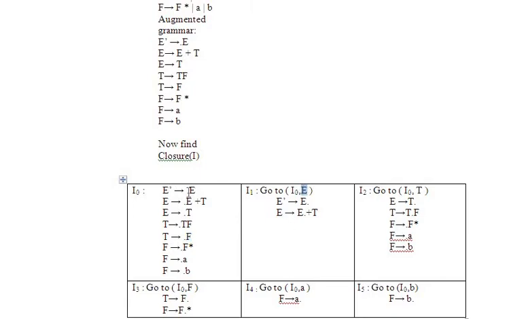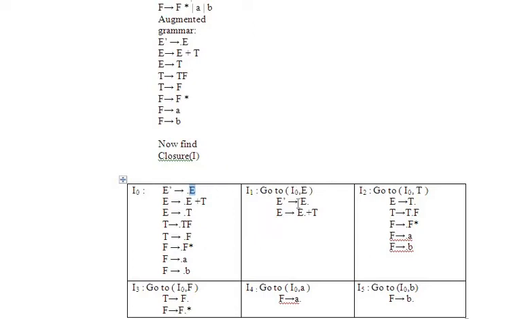Before E you have these two productions in which you have a dot. So E dash gives E dot, then E gives E dot plus T. Here move this dot past this non-terminal.